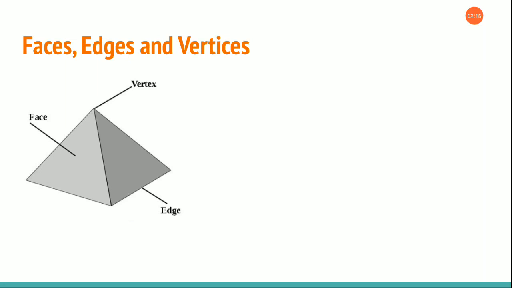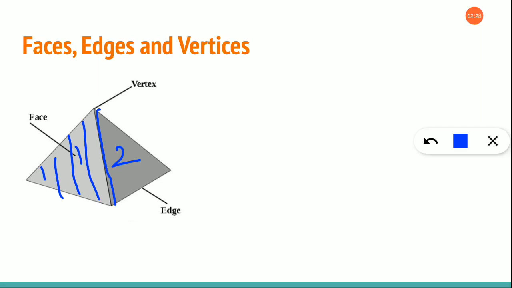Now look at this image. This flat surface, we call it as face. And the line joining this face 1 and face 2, this line is called as an edge. Okay? And then this top portion where all the three faces join is called as a vertex.